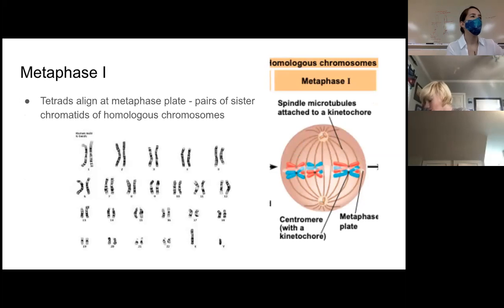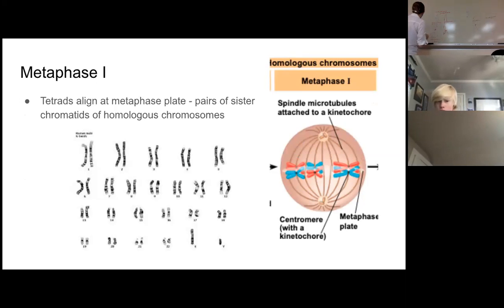Okay, so in metaphase, in mitosis, we had all of the sister chromatid pairs for every single homologous chromosome lined up. Okay, so instead of black, let me put these in the colors that I have up here. So we had our pink one lined up at the center. We had our red one lined up at the center.